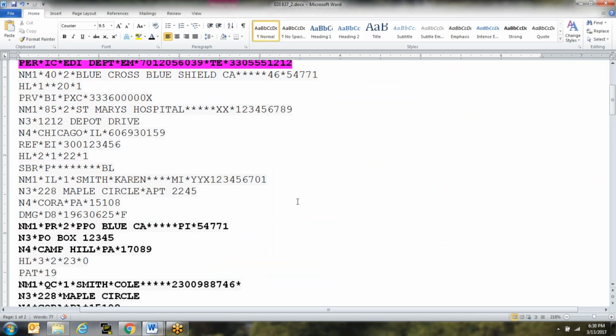The system will perform other benefit analysis, whether this person, Smith Karen, is an active member for this particular medical plan or not. Is this person eligible for the medical plan or not?